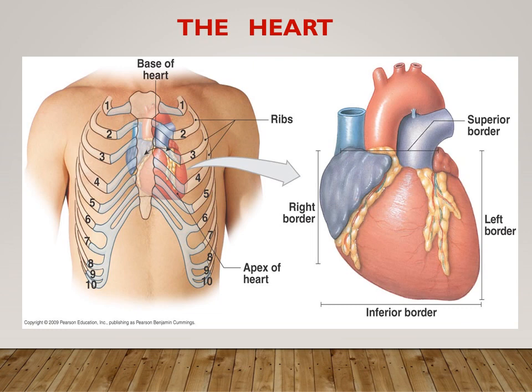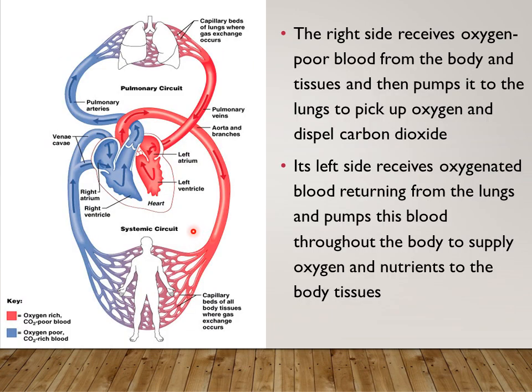According to the function, the heart is divided into a right heart and a left heart. The right-sided heart is associated with deoxygenated and venous blood. It receives very poorly oxygenated blood from the body and the tissues, and then pumps it towards the lungs for oxygenation.